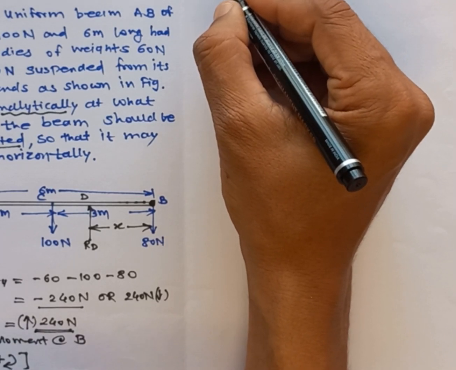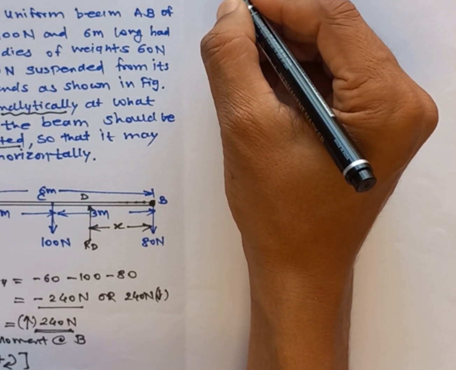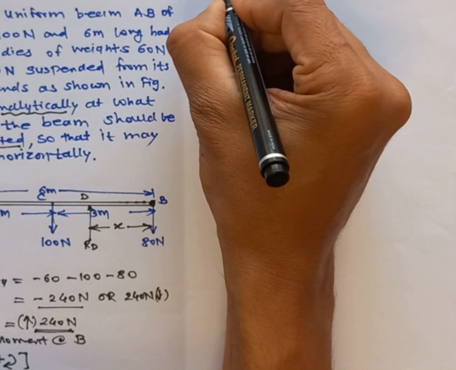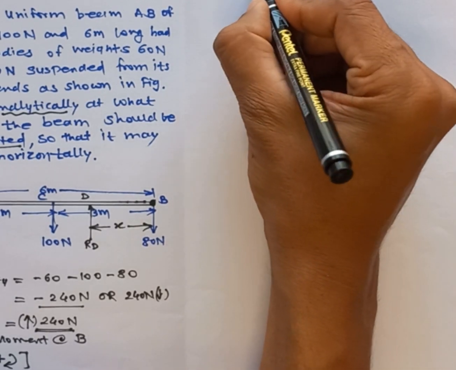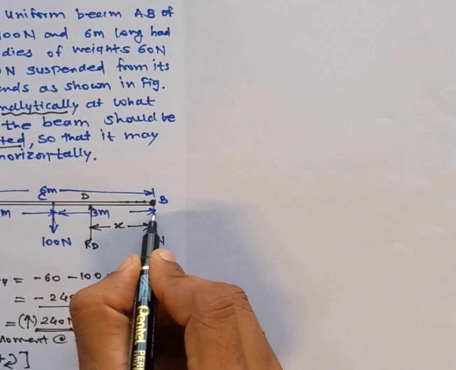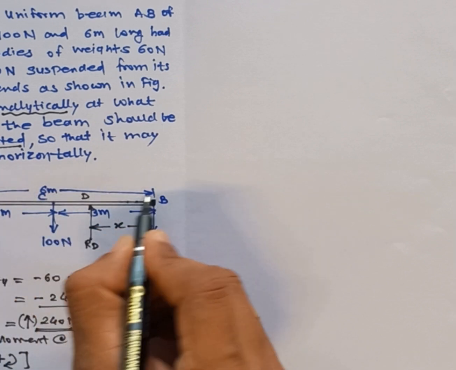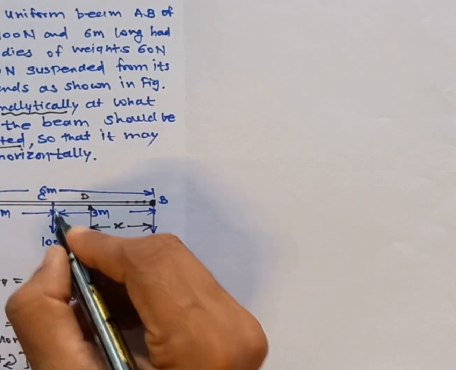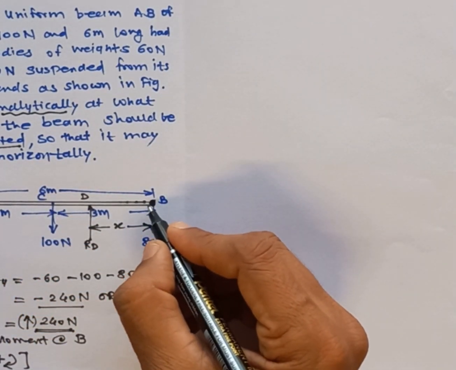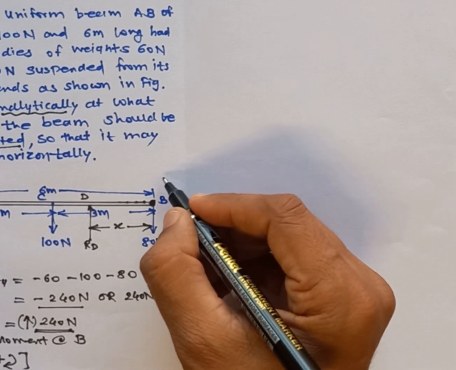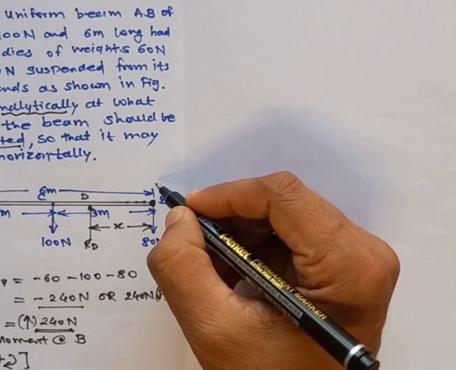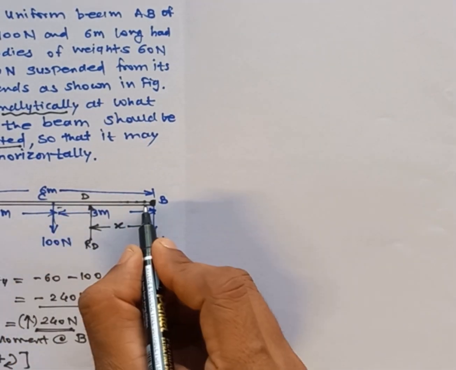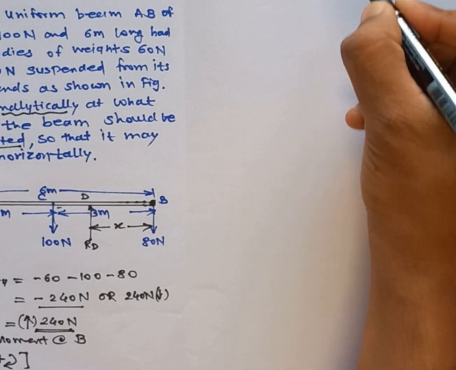So the moment of 60, it is anti-clockwise. So minus 60 into the perpendicular distance up to B, which is 6 meter. It is given here in the diagram. So be careful. So it is 6. Then the moment of 100 Newton about B. See how it is rotating about B in an anti-clockwise fashion. So it is minus 100, distance is 3 meter. Be careful.